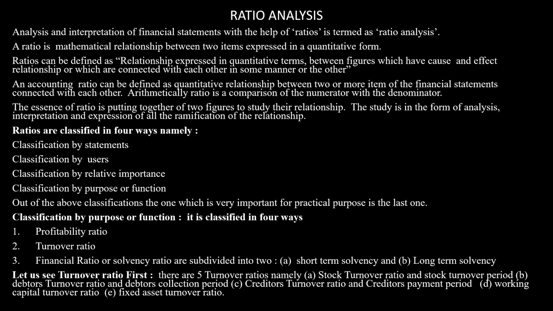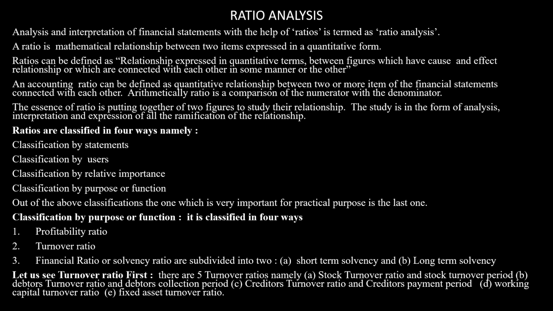First of all, ratios are classified in 4 ways: based on statement, classification by users, classification by relative importance, and classification by purpose or function. Out of these, the last one, classification by purpose or function, is the more important one. We'll start from that first.